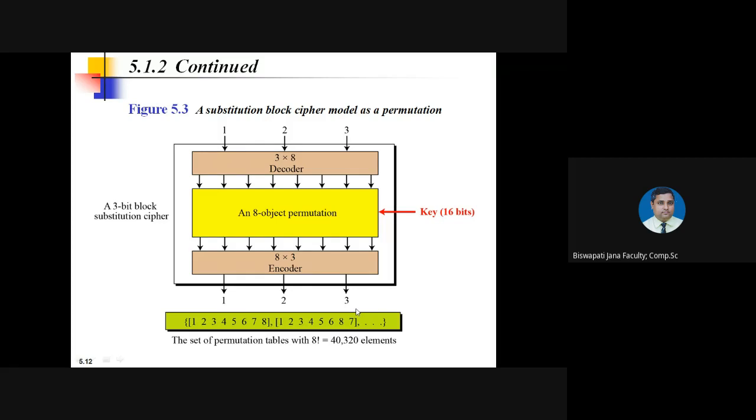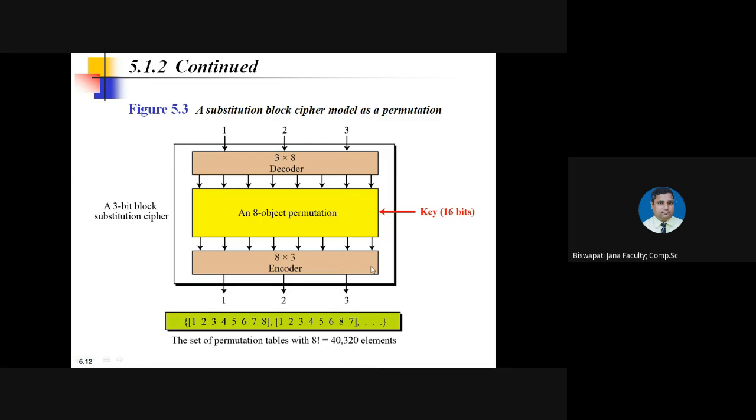Here the block cipher substitutes the 8 bits in a different way, such that the number of elements is increased: 8 factorial. If you cannot choose the right one, you cannot retrieve the message. If we increase the key bit length, then obviously the system will be more secure.